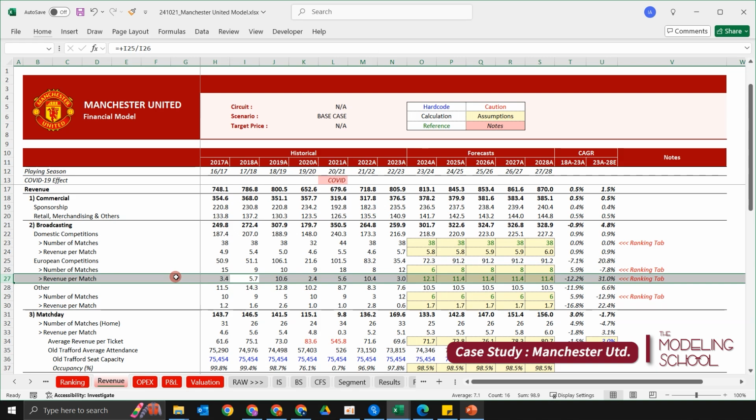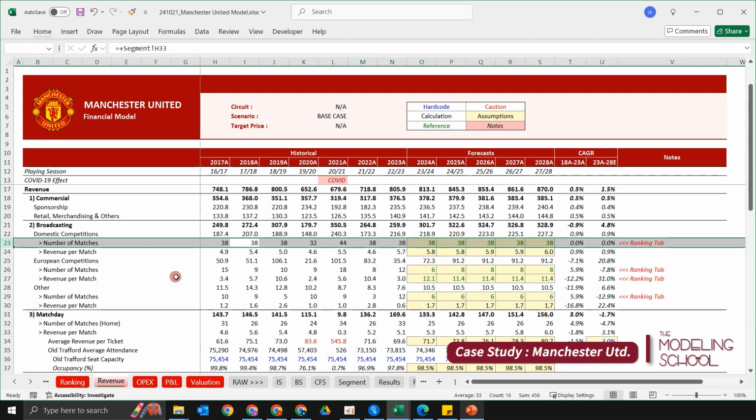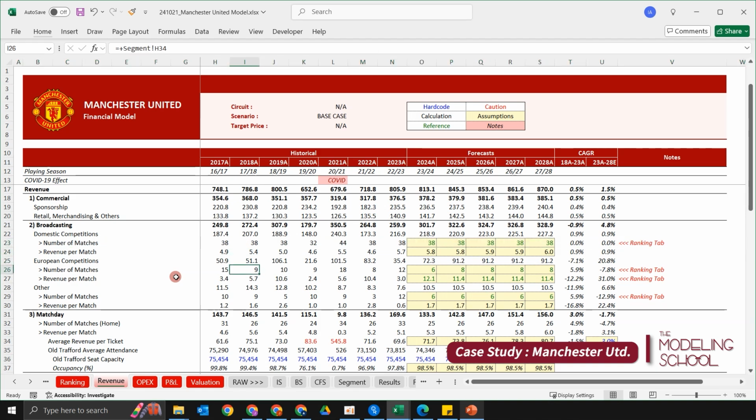So apparently, only the first place to fourth place in the English Premier League can proceed to the Champions League. If they're fifth to seventh, they are going to proceed to the UEFA Cup. So the ranking in the previous year of the English Premier League affects next year's revenue.